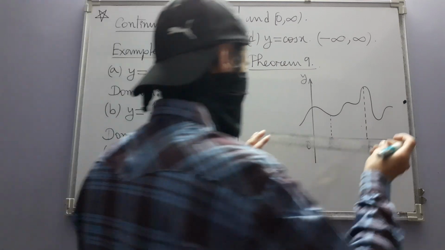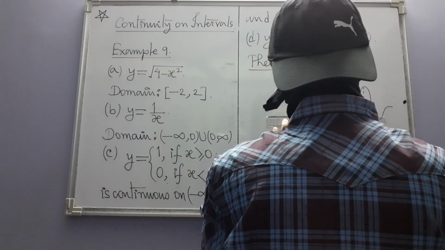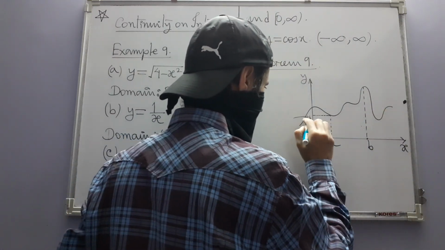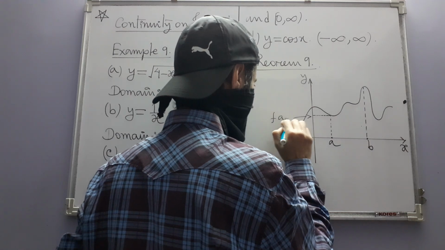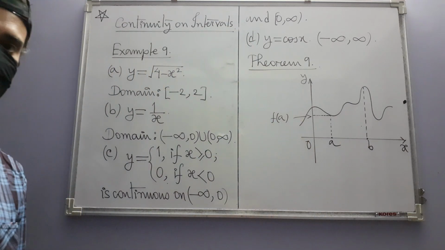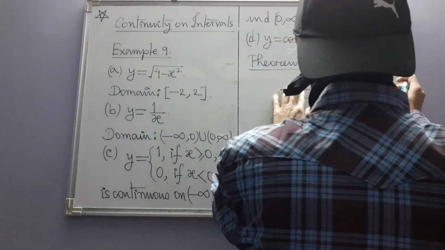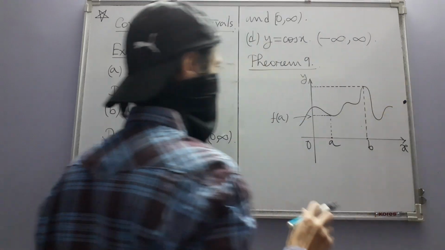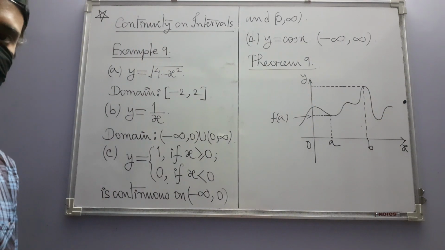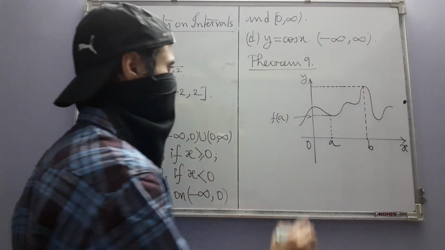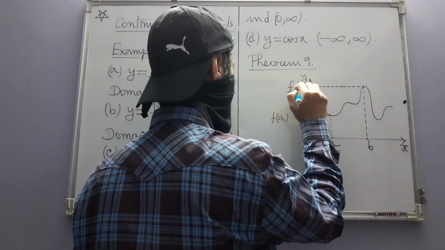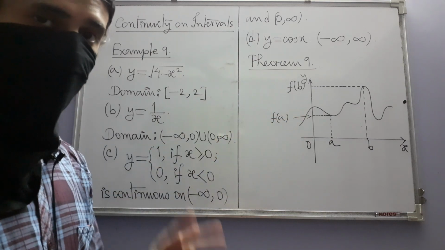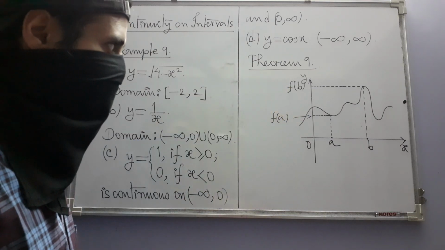So corresponding to A, this point on the y-axis corresponds to the real number f of A. Similarly, this point on the y-axis corresponds to the real number f of B. So you have now got two numbers, two outputs, f(A) and f(B).